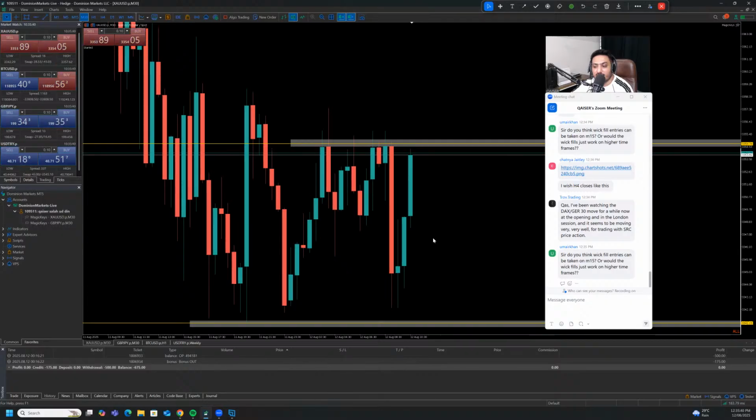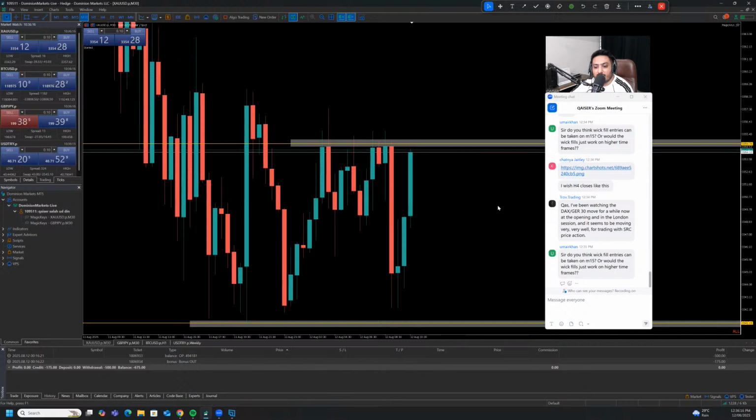You just need to spend some time with your pair and understand its behavior: how it moves during the news, when it's showing volume, how it behaves when there's no volume, and how it moves when there's volatility. You need to read how it moves at different times. Once you start understanding, then implement the same price action on that pair, and you will start making money.